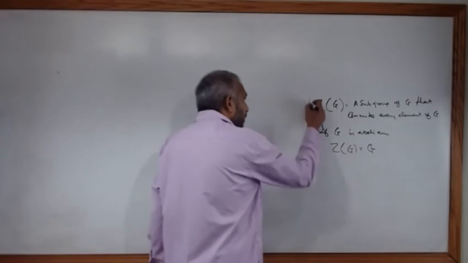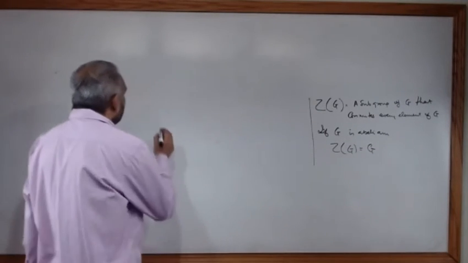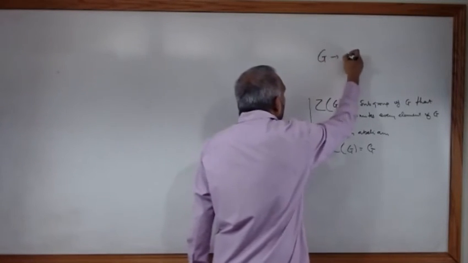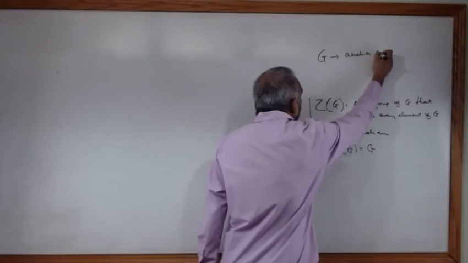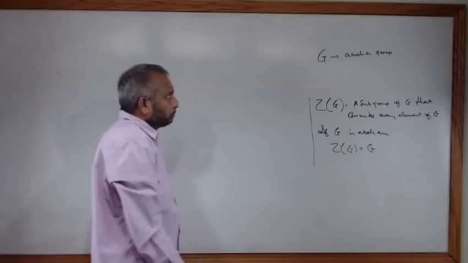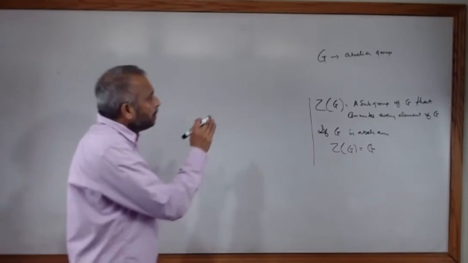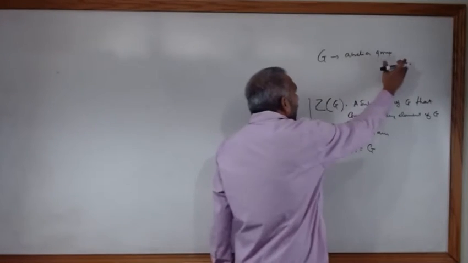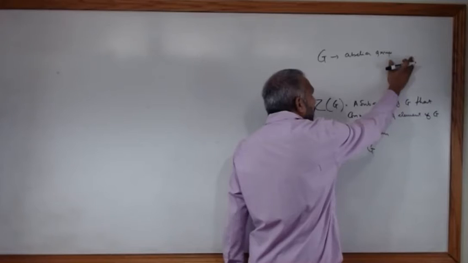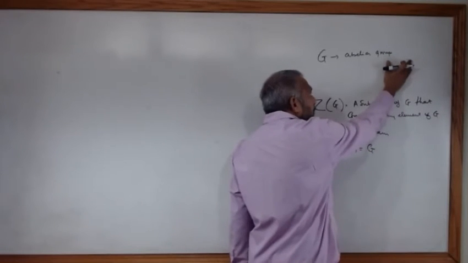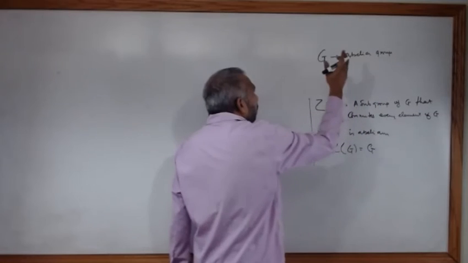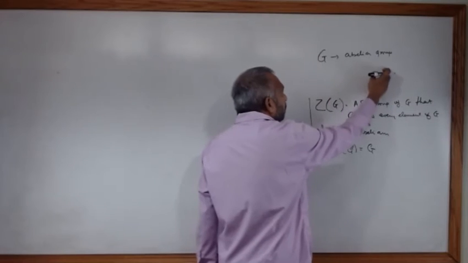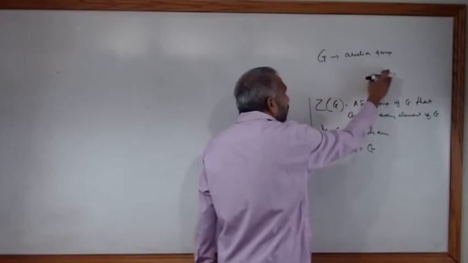Our next attempt is, if there is a non-abelian group G, our aim is to find another abelian group where we can define a homomorphism from G to that group.